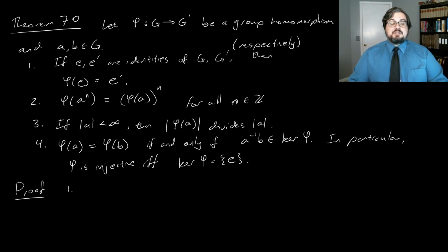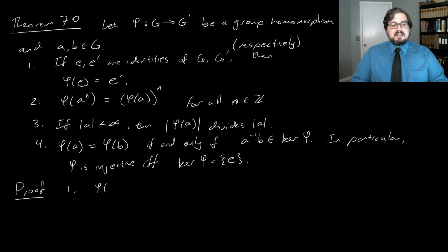The advantage here is that we know that there's only one identity of G prime, and it's the only element that has the property that when you multiply it by something else in G prime, you get that same thing back. So notice that we have the following.